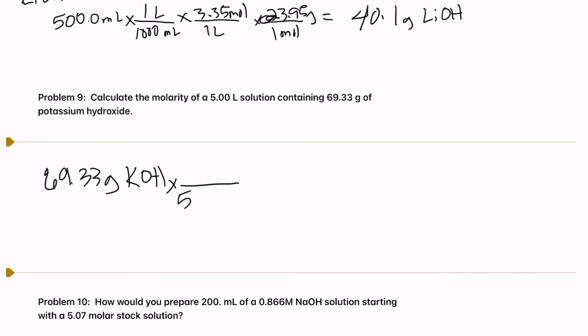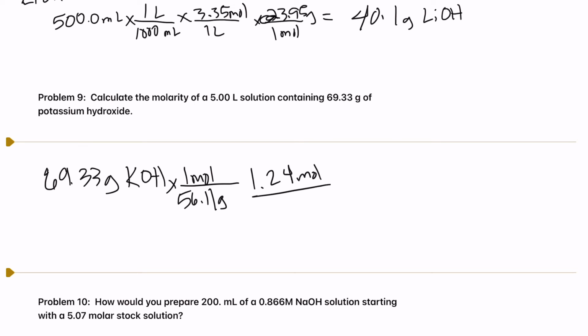Problem 9. Calculate the molarity of 5.00 liter solution containing 69.3 grams of potassium hydroxide. So again, molarity is moles per liter. I need to get out of grams and into moles. So 69.3 grams potassium hydroxide. Potassium hydroxide has a mass of 56.11 grams per mole.